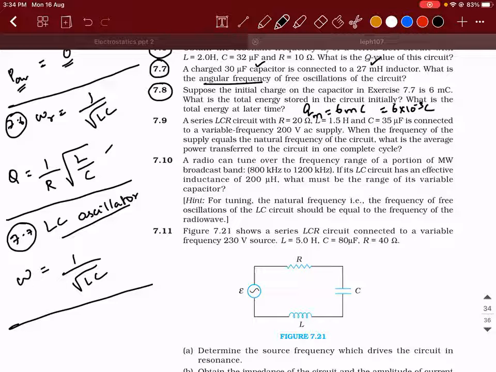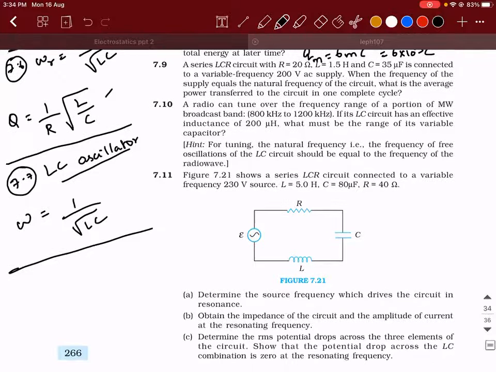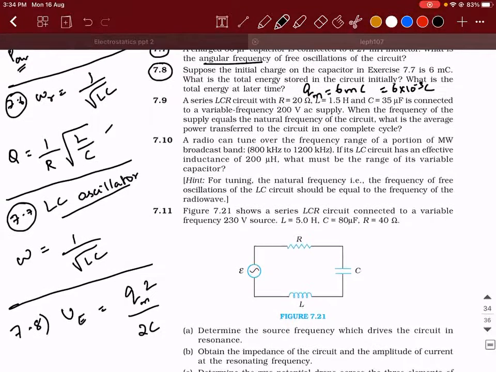It is only the electrostatic potential energy of how much value? Q_m square divided by 2C, correct? So it will be Q_m square divided by 2C. So calculate it. For 7.8, what will be the formula? Q_m square divided by 2C. So Q_m is given, C is given, substitute it, you will get the answer.